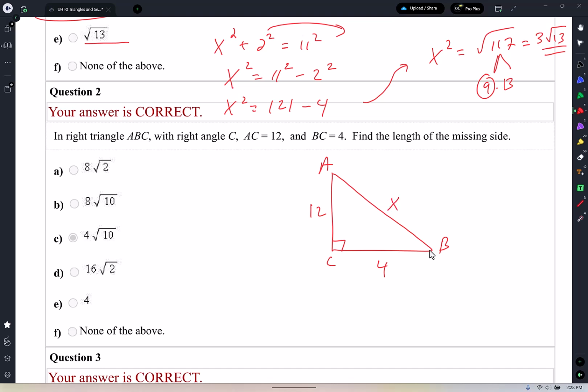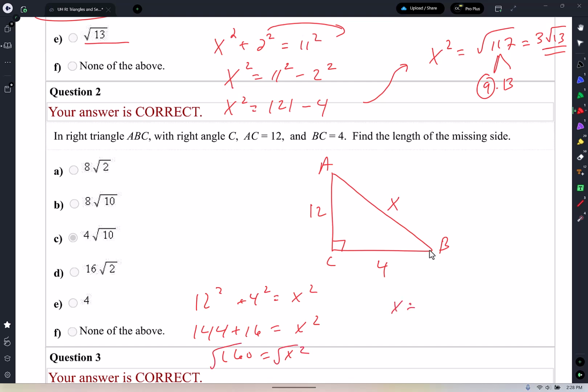So you're going to go 12 squared plus 4 squared equals x squared. What's 12 squared? 144 plus 16 equals 160, equals x squared. Then square root.